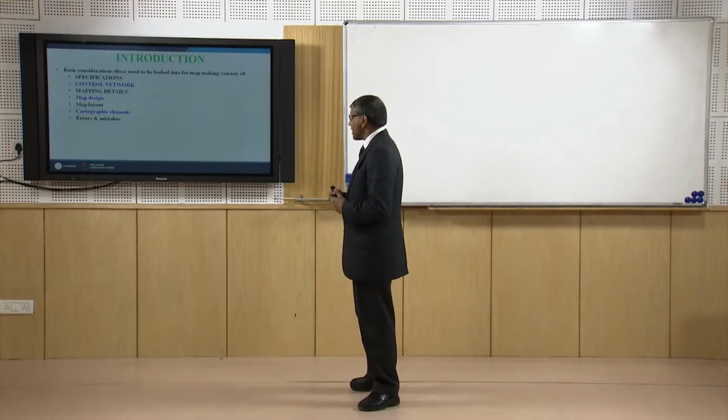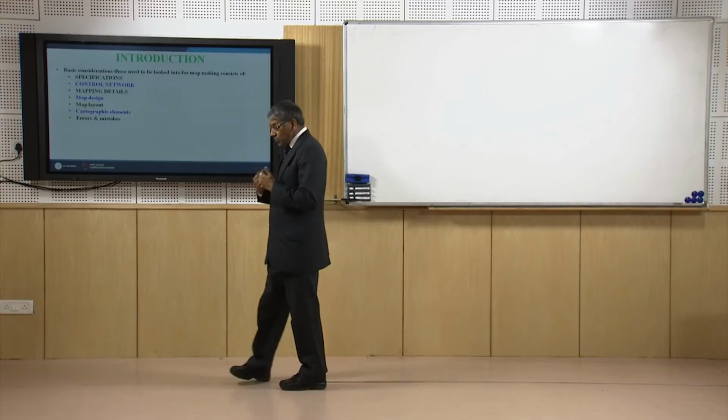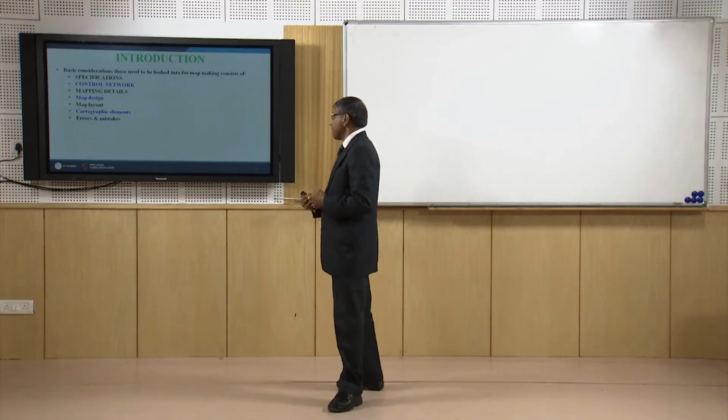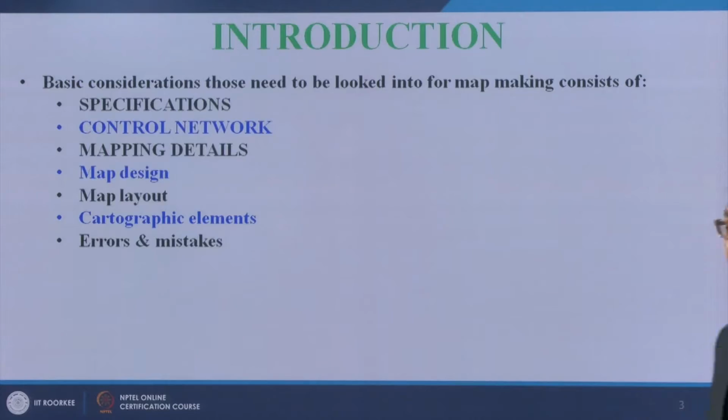Then we will get the data, and once we get the data we need to test those data to see whether they are meeting the requirements of the specifications or not.